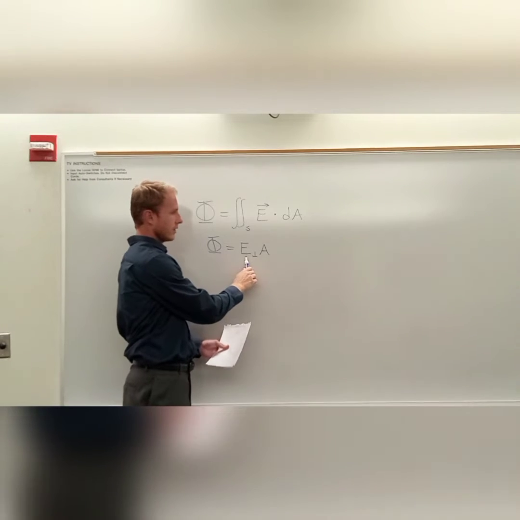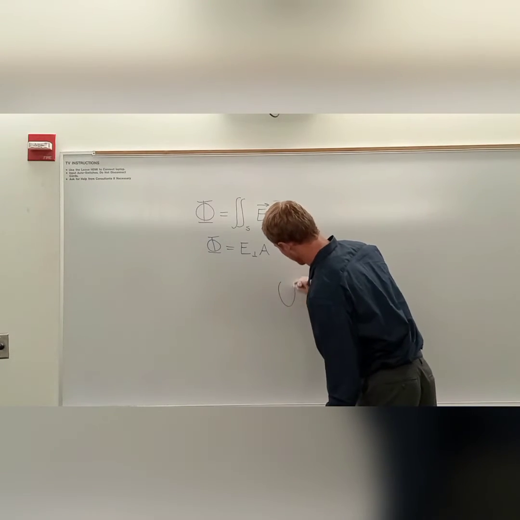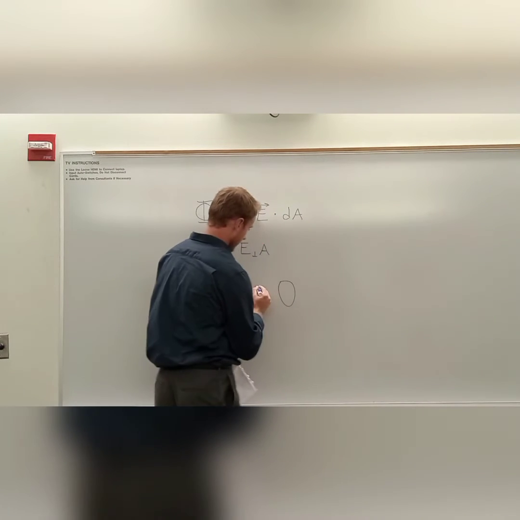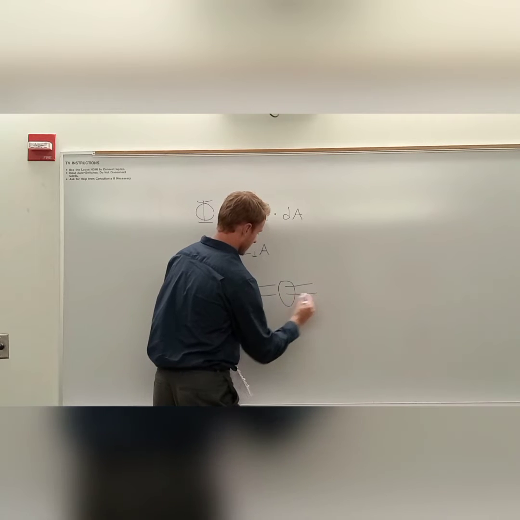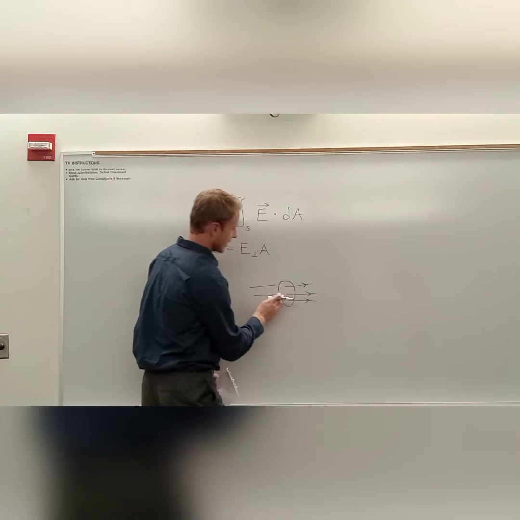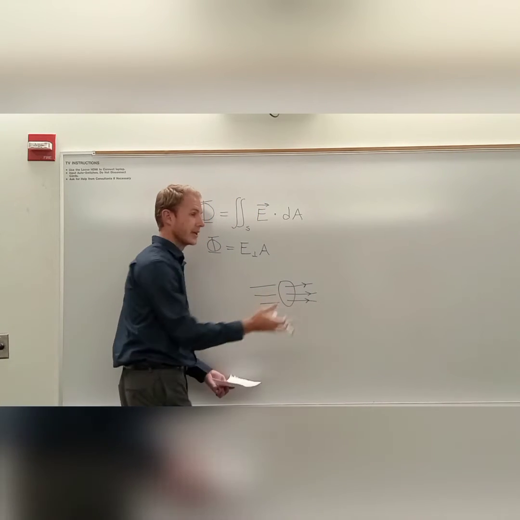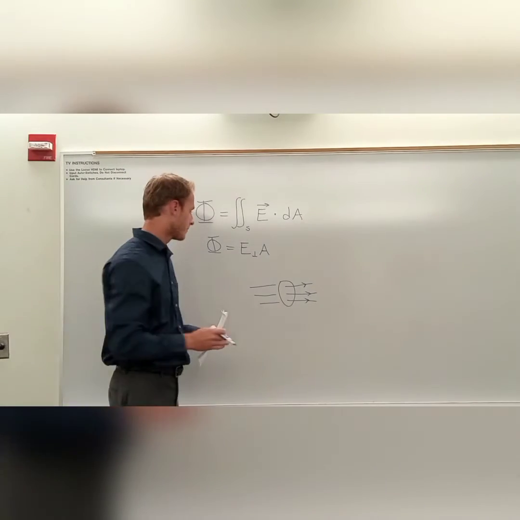So if we have some sort of ring, and let's say the electric field is going through it, the electric field is perpendicular to this ring or whatever area you are working with.